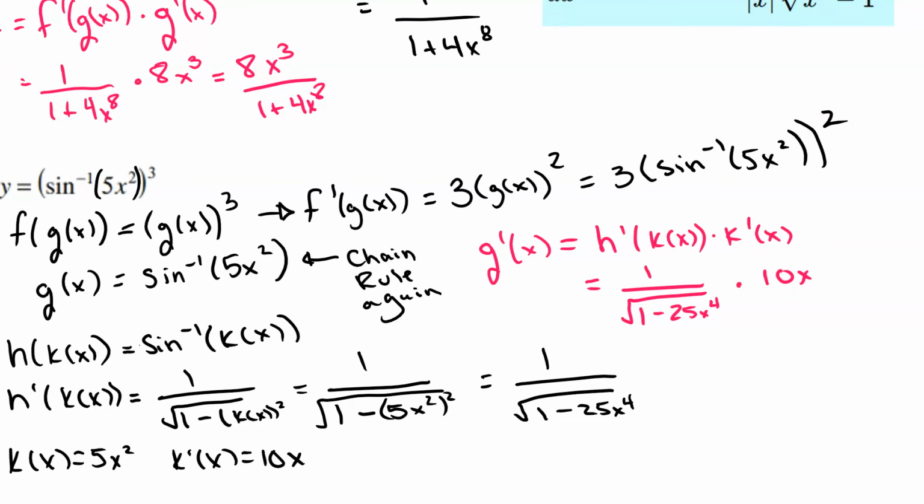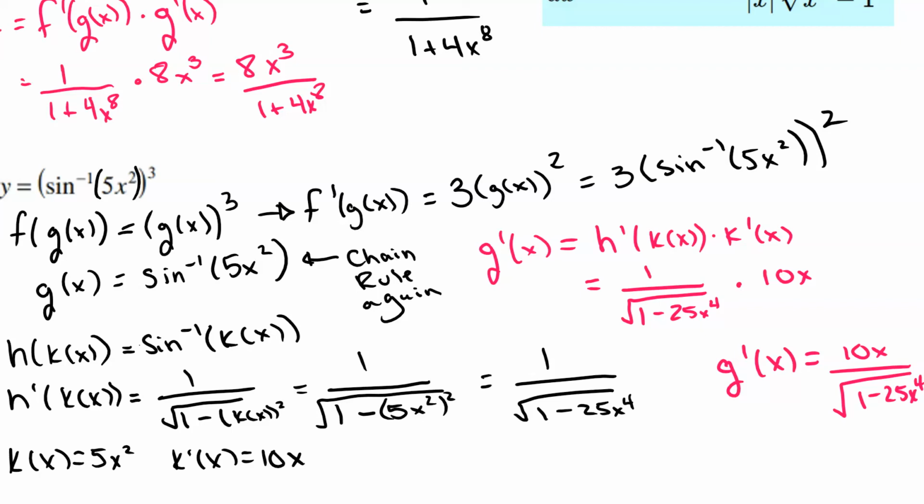So our derivative of g, our original inside, is 10x over the square root of 1 minus 25x to the 4th.